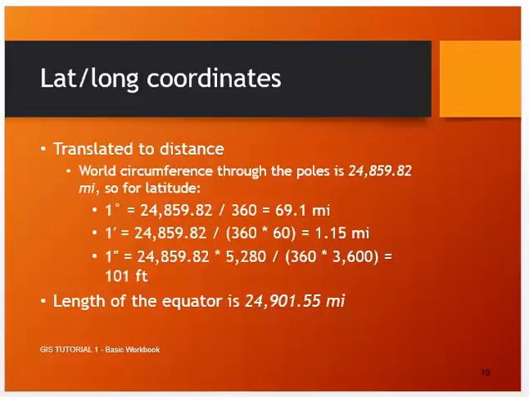So you can see the calculation there on how to arrive at that. So the Earth actually is not a true sphere. The correct mathematical term is spheroid because it is slightly flattened at the poles due to its rotation. So the length around the equator is a few miles longer than the circumference through the poles.